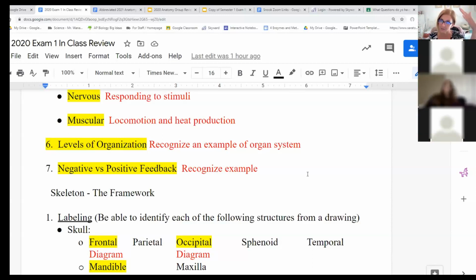So you're too hot, you sweat, you cool. You're too cold, you shiver, you warm, right? The only two positive feedbacks we talked about were with childbirth or pregnancy and with blood clotting. So in this case, the stimulus continues, which continues the response, which continues the stimulus. So it accelerates.